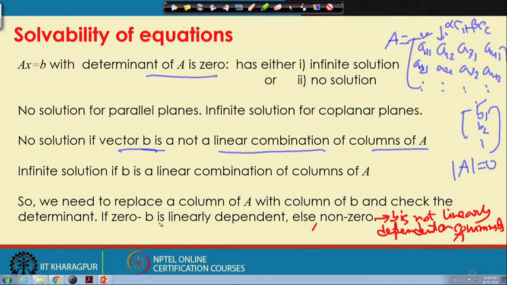In the other case, when B is linearly dependent, there will be infinite solutions, because the unique solution case has been ruled out as the determinant of A is already 0.